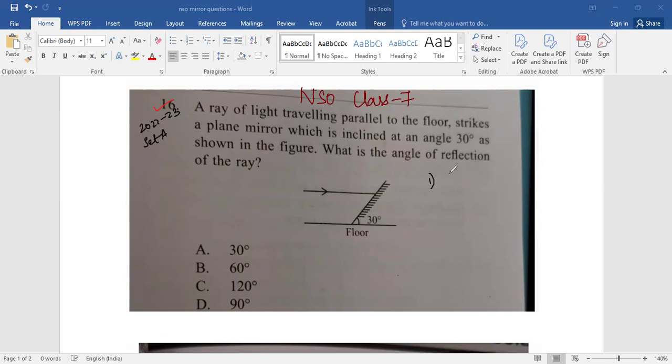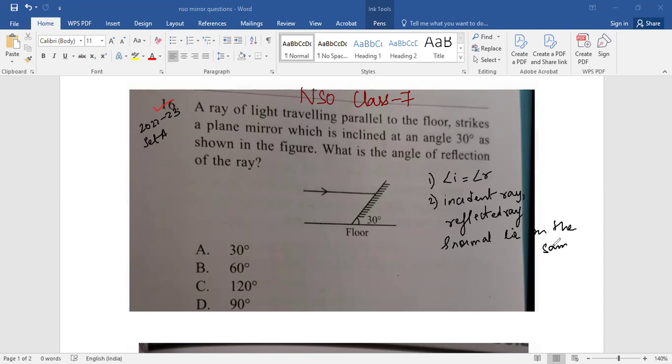The first is that the angle of incidence is always equal to the angle of reflection. And the second is that the incident ray, the reflected ray, and the normal all lie on the same plane.